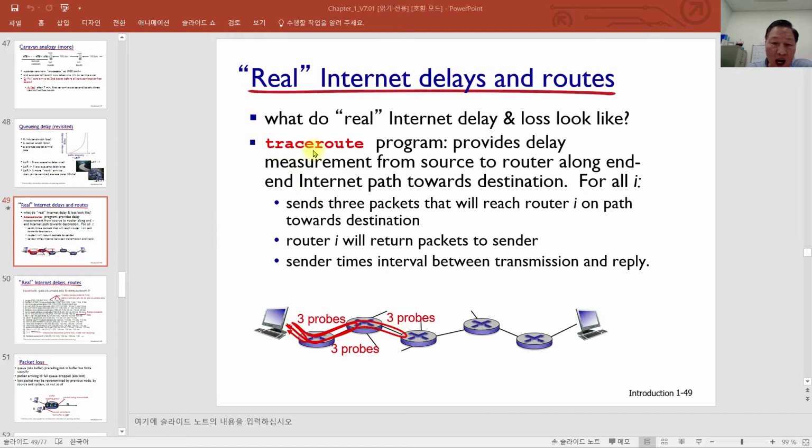Actually, we use tracert instead of traceroute, but on a router we can use a command that is traceroute instead of tracert. Depending upon the equipment, we can use a different command name or program name.